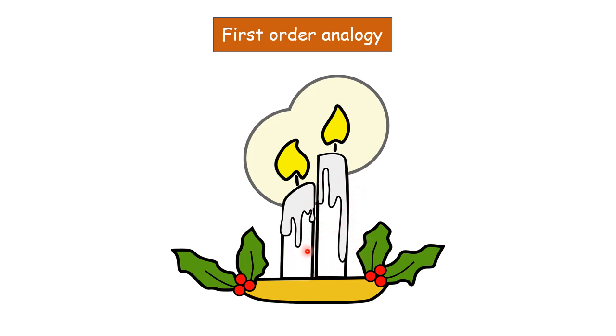Similarly, when a drug is administered to the body, it is metabolized and eliminated at a rate proportional to its concentration. As the drug concentration decreases, the rate of elimination also decreases.